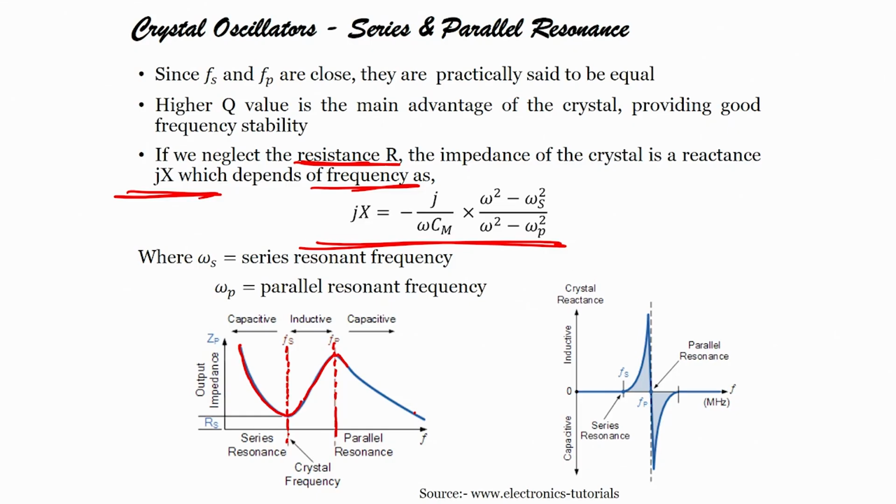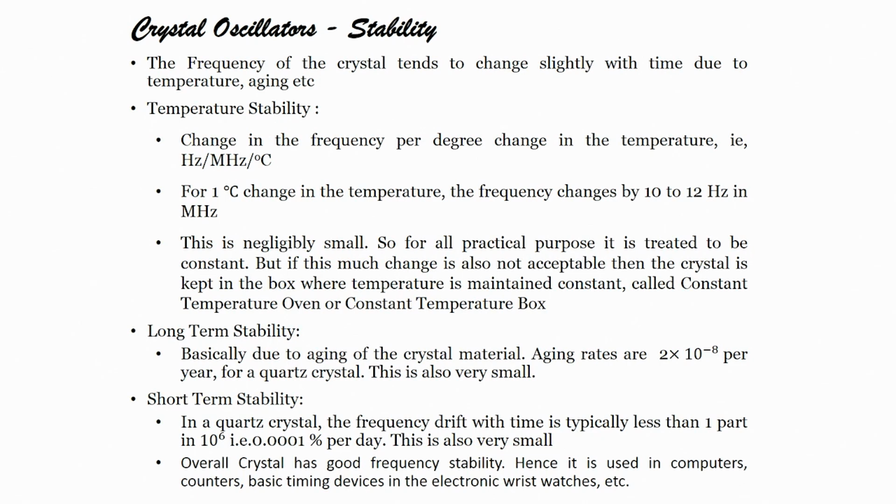So, if we talk about stability further, the frequency of the crystal tends to change slightly with time due to temperature, aging, etc. Another point is that when we are using a crystal, it has a lifetime. As the time increases, or when the temperature is changed, or when it is aging, the frequency of the crystal tends to change slightly.